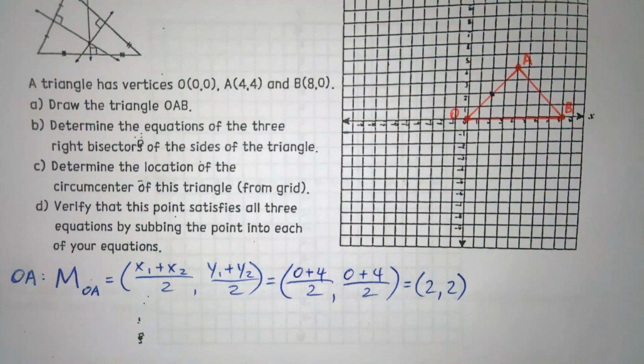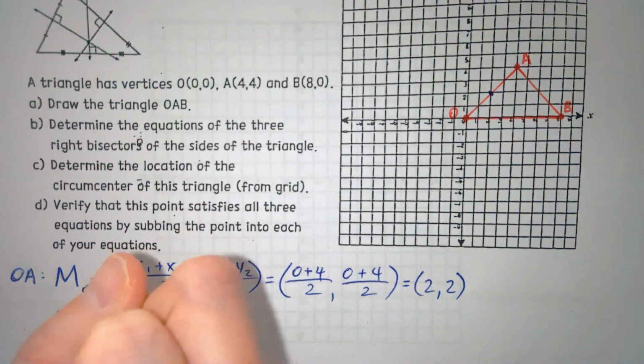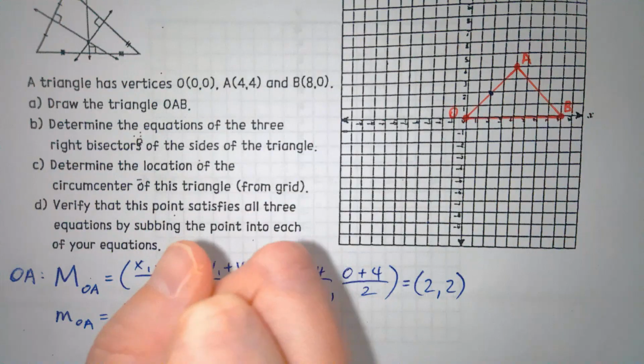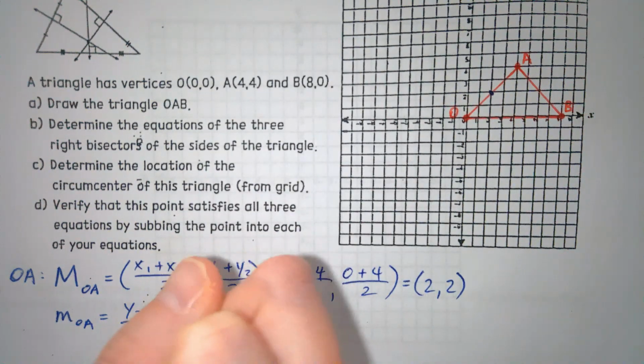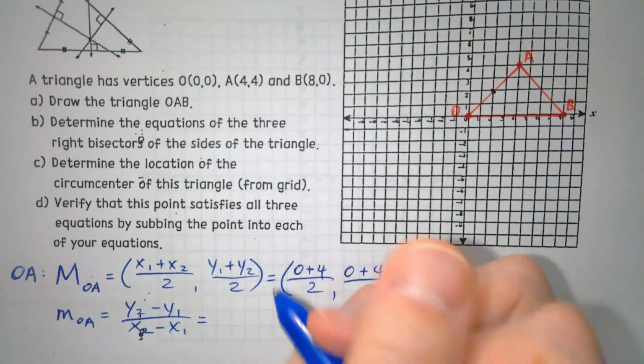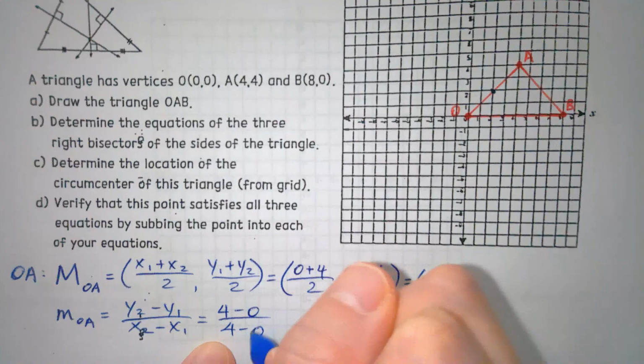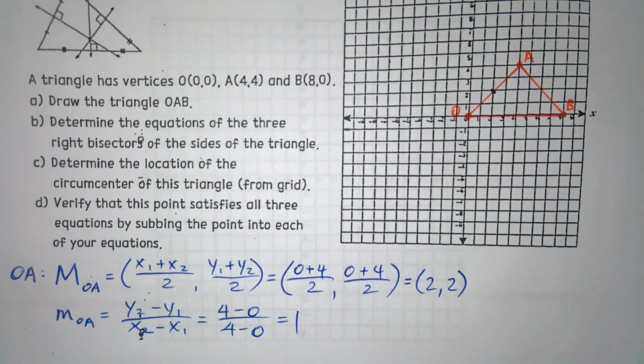How do I find the equation of the right bisector? I found the midpoint. What's my next step? Ethan? Slope of OA. Okay, so y2 minus y1 over x2 minus x1. 4 minus 0 over 4 minus 0, I get 1.